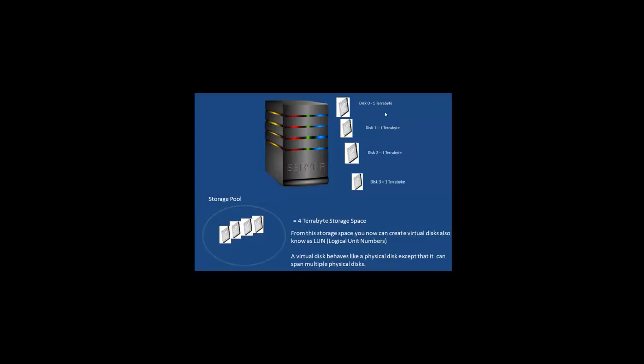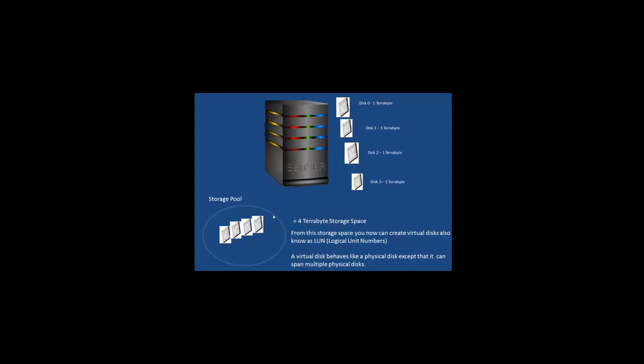Now each of the disks is 1 terabyte. So if we add all 4 disks to the storage pool, what we're going to have available for us is a 4 terabyte storage space. And then from this storage space, we can create virtual disks, also known as logical unit numbers.